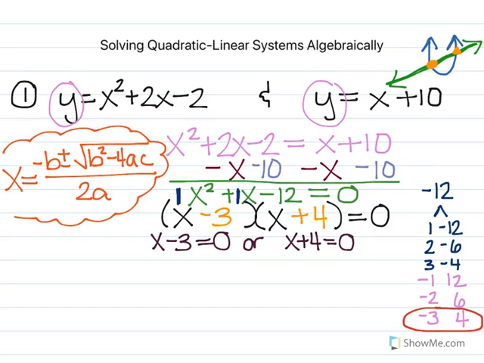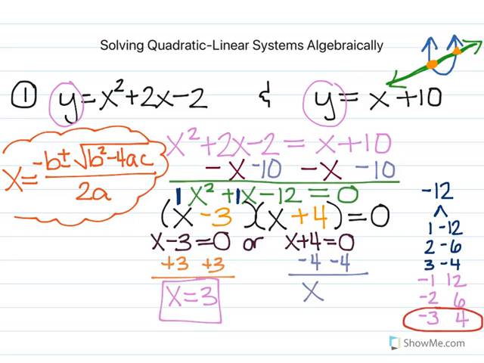And then you're going to solve for x. So in the first equation, to get x alone, you're going to want to add 3 to both sides. And so you end up with x equals 3 as one of your x answers. And then in the other equation, to get x alone, you're going to subtract 4 from both sides, and you end up with x equals -4.